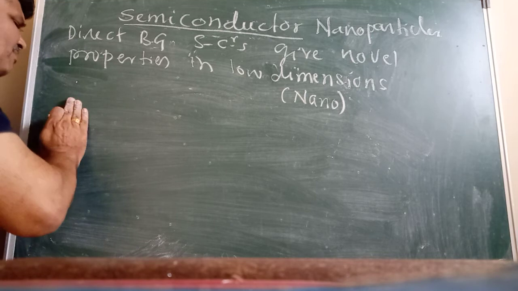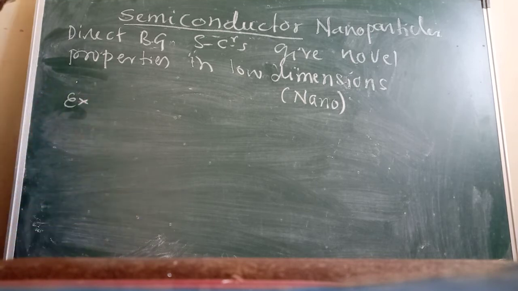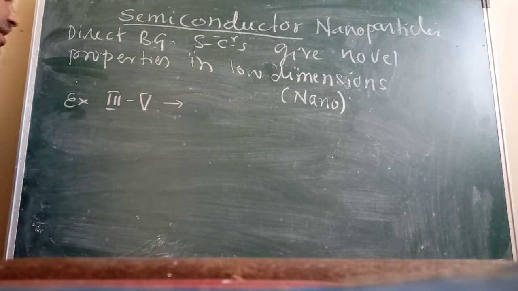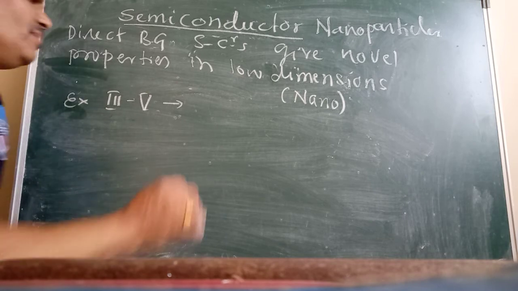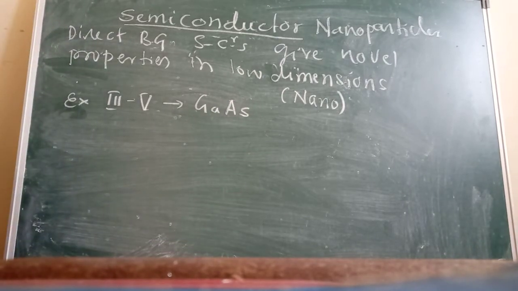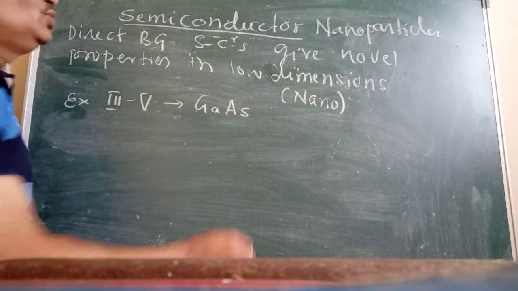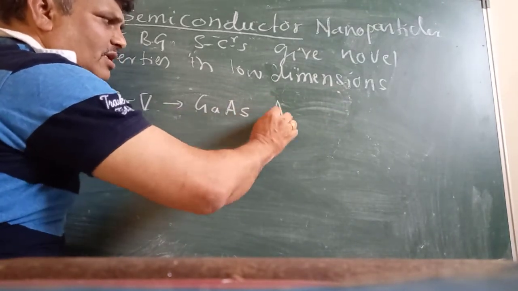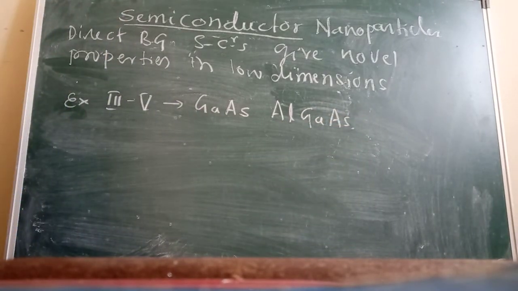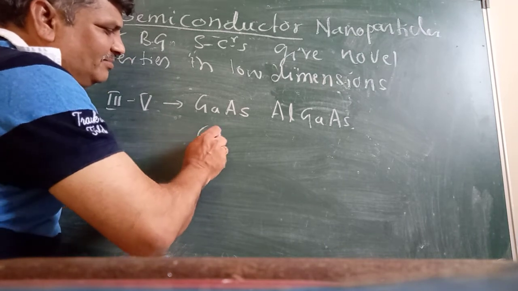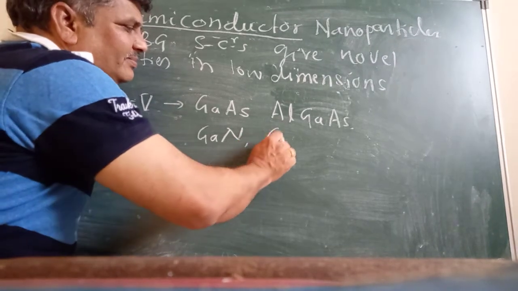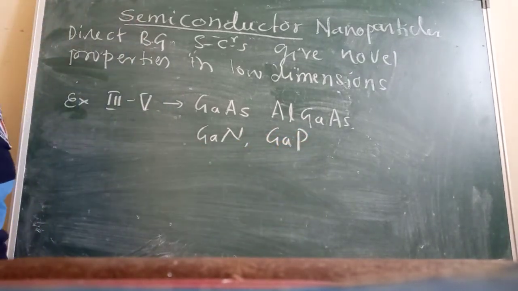So what are examples of direct bandgap semiconductors? For 3-5, trivalent and pentavalent, for example gallium arsenide. It is also doped with aluminium, giving aluminium gallium arsenide. Then gallium nitride and gallium phosphide.